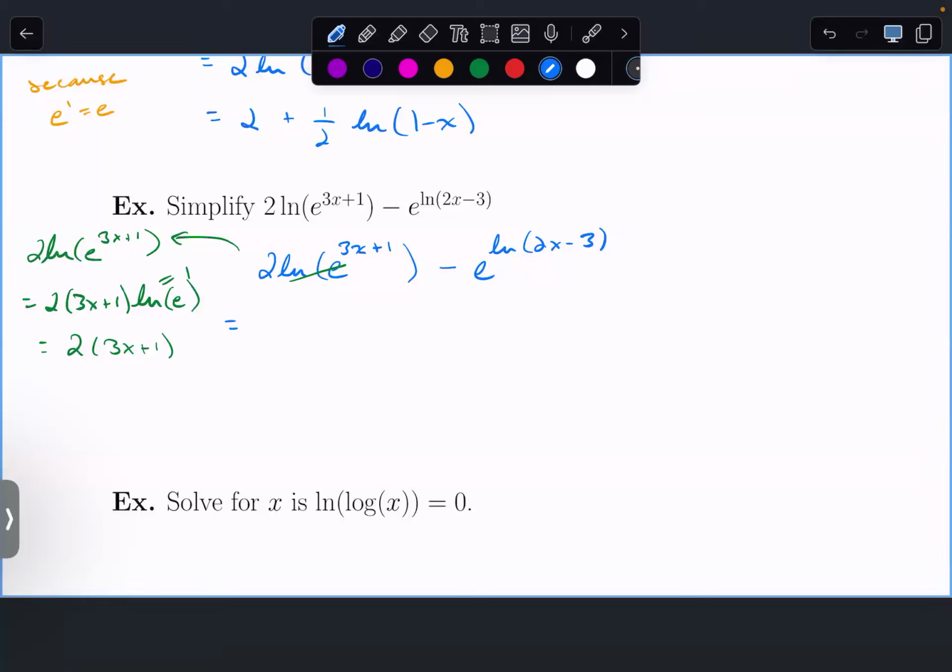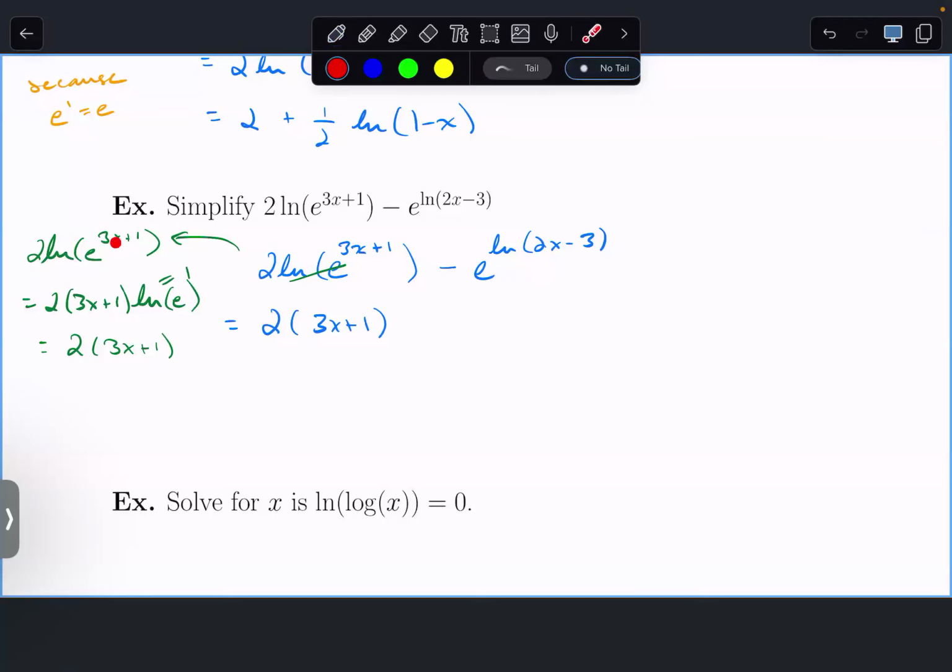I'm fine if you are able to see that this just drops down. That's almost where I would expect you to be, where you can just see, okay, these cancel out. So if you went straight to here, I'm fine with that. Well, let's just say we're not. Then you would just use the formula.